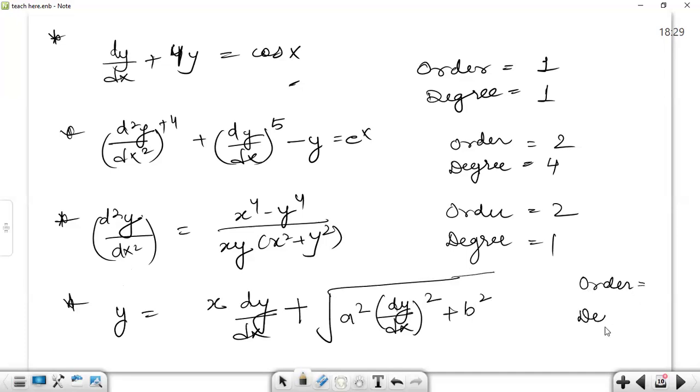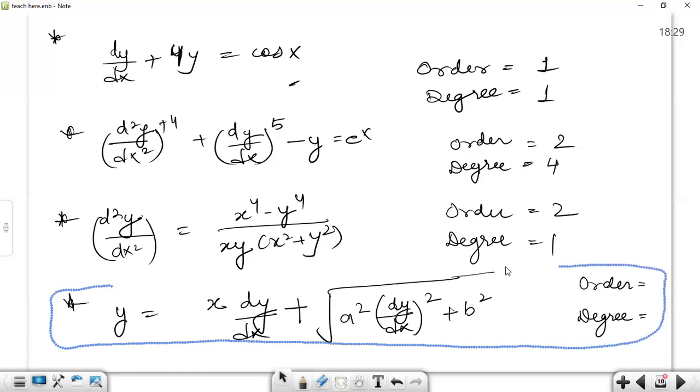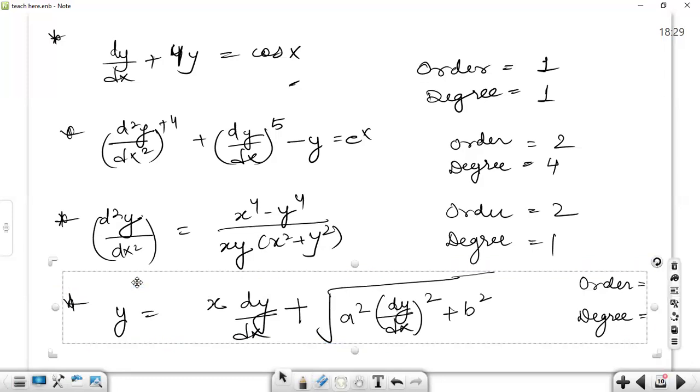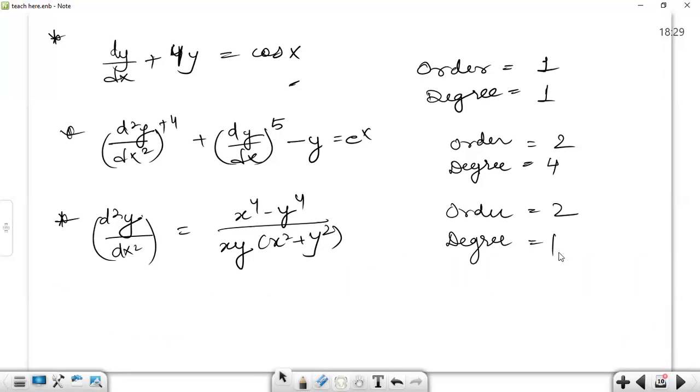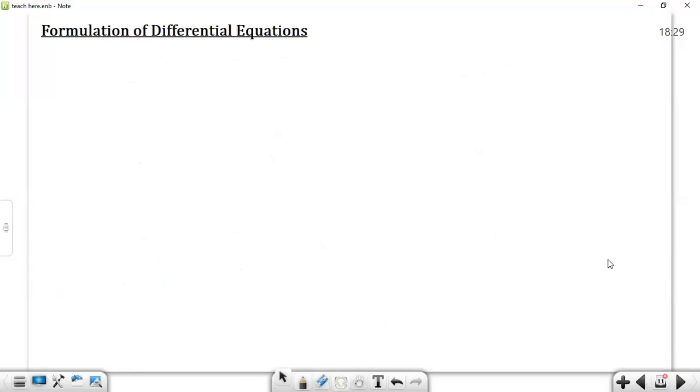Order and degree. Order is 1. Very good. Degree is also 1. How is the degree 1?